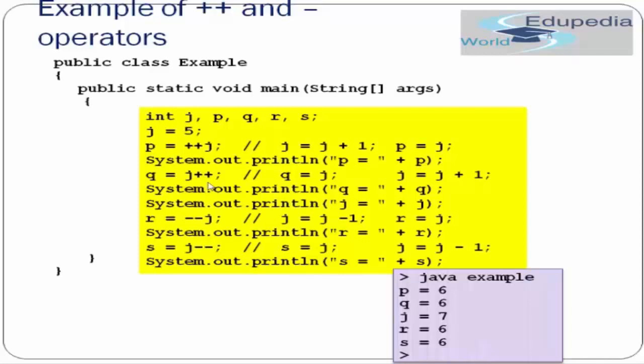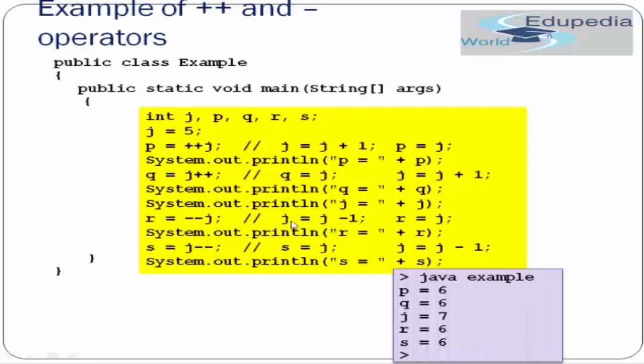Okay, now moving forward to this line where we are saying R equals minus minus J. In this case, we are doing a pre-decrement. In case of pre-decrement, firstly the value of J will be decremented by 1 and then it will be assigned to R. As shown in the comment, firstly we are decrementing the value of J and then we are assigning it to R. So what do you think will be the value of J over here?